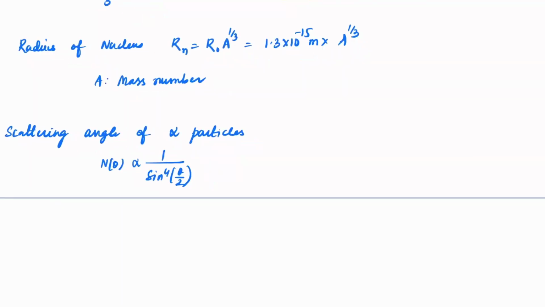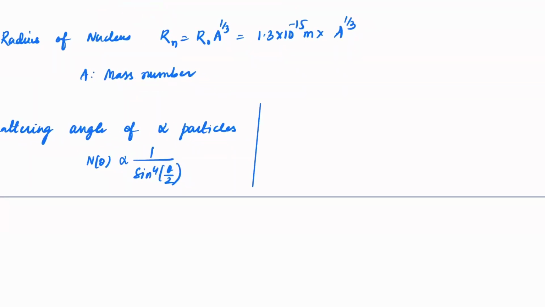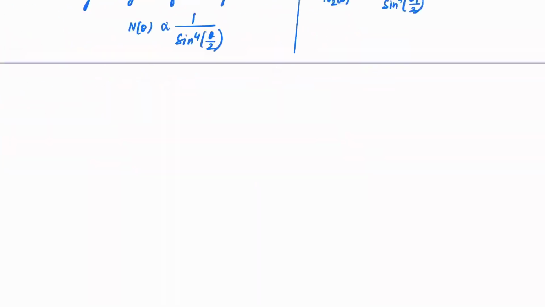If you are comparing any two angles, you compare like this: N1 theta by N2 theta is equal to sine raised to power of 4 theta 2 by 2 divided by sine raised to power of 4 theta 1 by 2. This is about Rutherford's model.